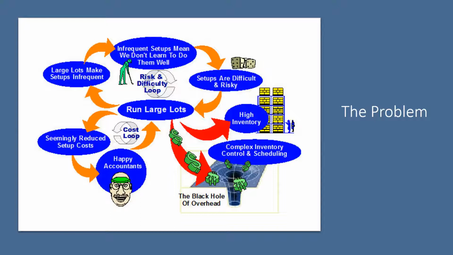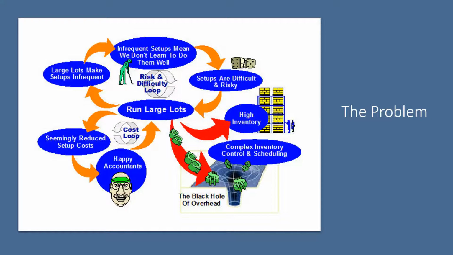And then of course there's the cost loop. We run large lots because then we have seemingly reduced setup costs. And that makes us accountants happy. I'm not an accountant, but it makes accountants happy. The other issue is that running large lots results in, again, a high water level on the floor, high inventory, which also complicates inventory control and ABC counts, and there's a whole bunch of expenses that are due to the fact that we have to have large lots sitting around.